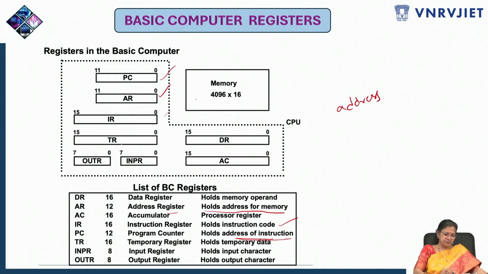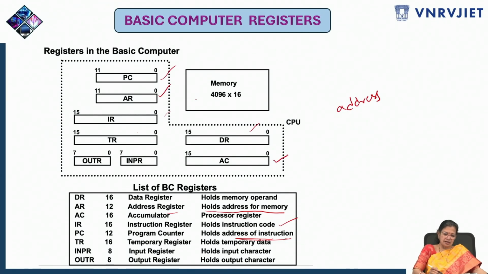Then other registers available are TR, the temporary register, usually used for holding data temporarily, and the data register, which is meant for holding the data. We fetch instructions as well as data. Data is nothing but the operands. Instruction is the system instruction, whatever opcode we use.